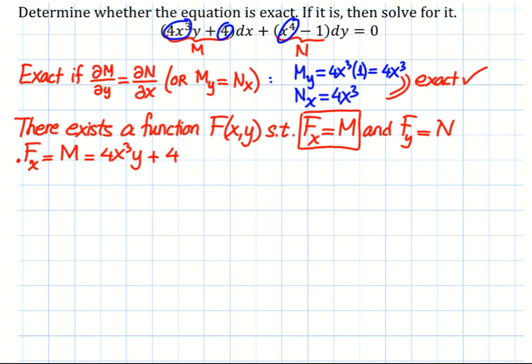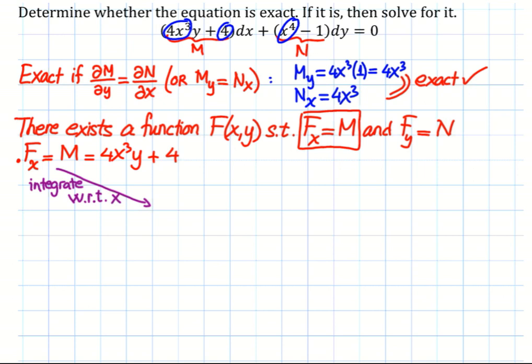Now, to solve the exact equation, we will do 2 steps. The first step is to integrate with respect to one of the 2 variables. So I will integrate with respect to x to get back the function f. So first, integrate with respect to x.